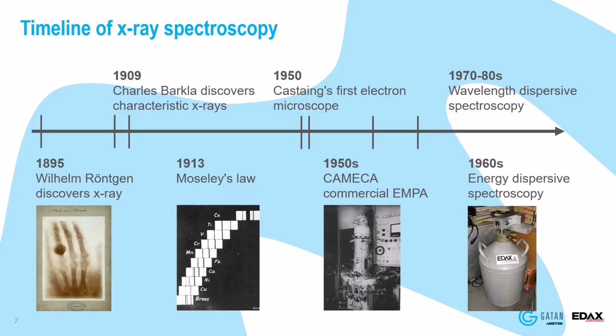Over the decades, many scientists contributed to the understanding of the properties and behavior of X-rays, and significant technological advancements were required before we could analyze samples as we do today. The first commercial energy dispersive spectrometer systems appeared in the 1960s. Just a few years later, the first commercial wavelength dispersive detectors were introduced, paving the way for even more precise analysis.